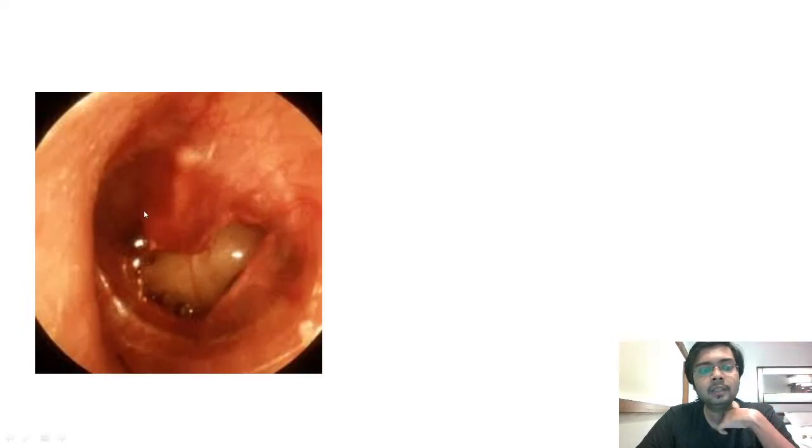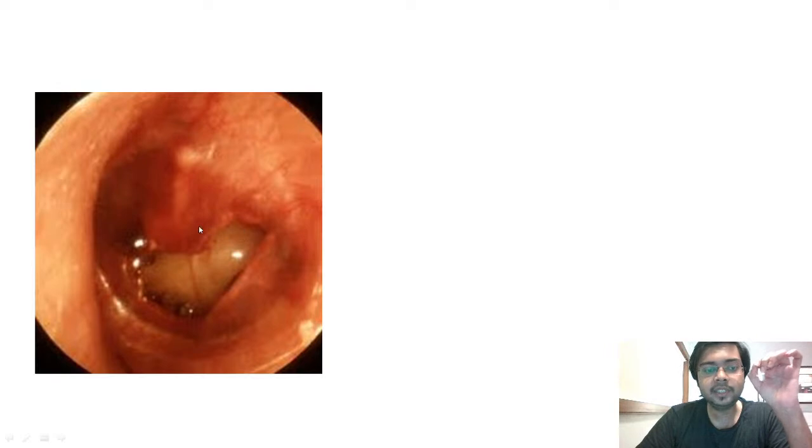Now in this tympanic membrane picture, you can see irregular margins of the tympanic membrane perforation. So what etiology can it be? It seems to be a traumatic etiology. So it is a traumatic eardrum perforation. And why is it important?